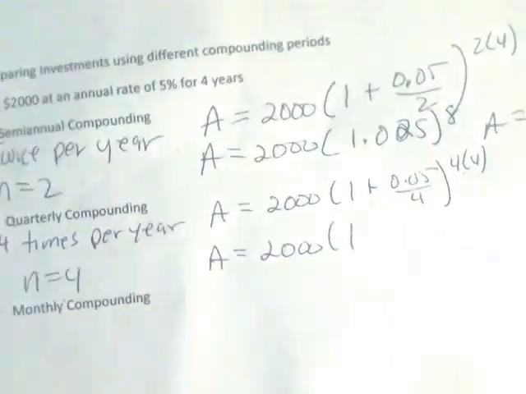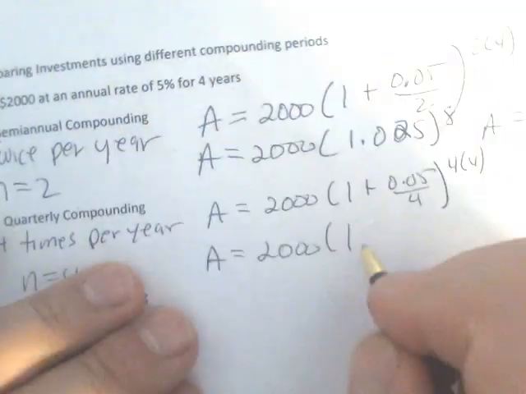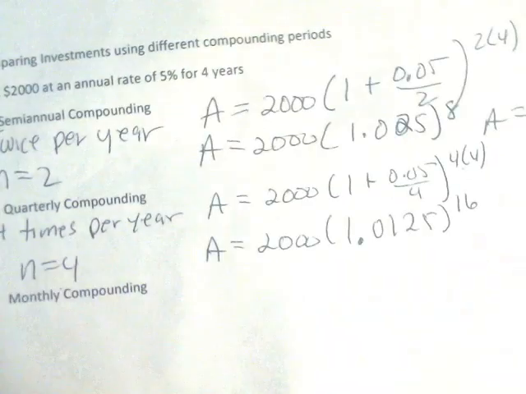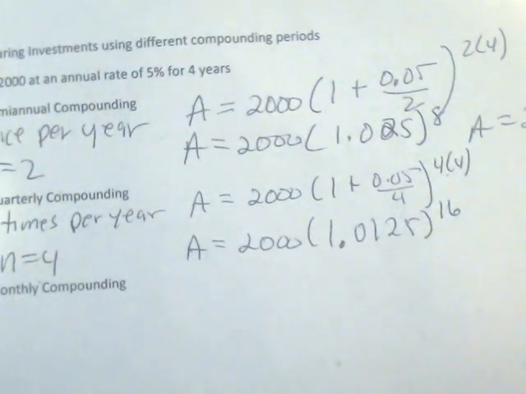I'm going to go ahead and take 0.05 divided by 4, and this time I get 0.0125. So then I take 1.0125 raised to the 16th power, and then times 2,000.